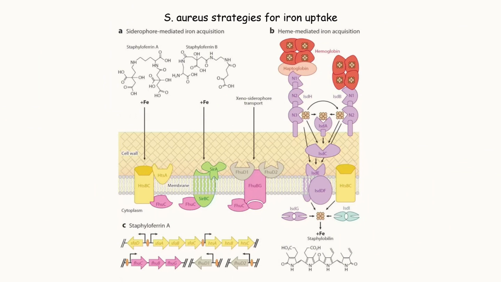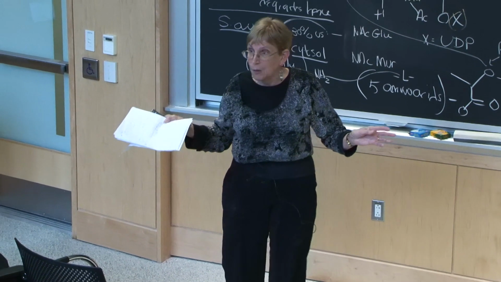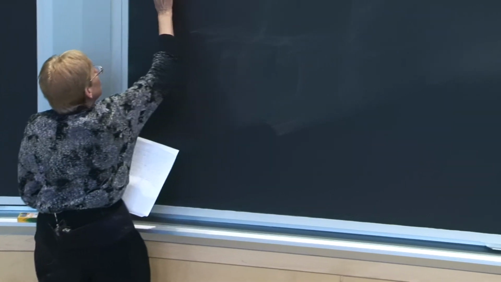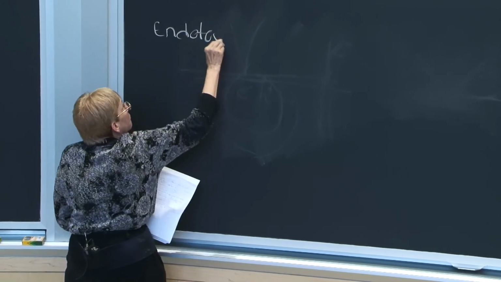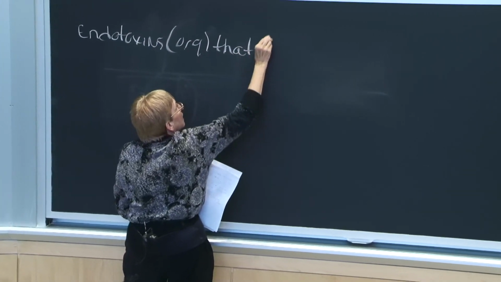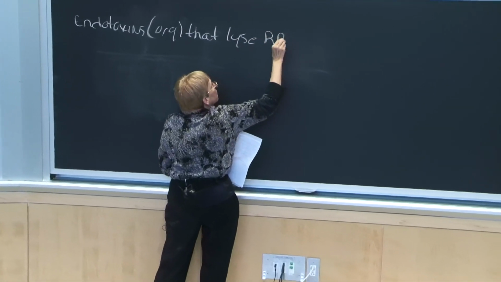Okay, so the ones we're going to be talking about and focusing on specifically are the heme uptake systems, and these are the ones you've already hopefully thought about now from your problem set. We have to extract. I just told you that red blood cells have most of the iron, so Staph has been incredibly creative in generating endotoxins from the organism that lyse red blood cells, allowing the hemoglobin out, okay?